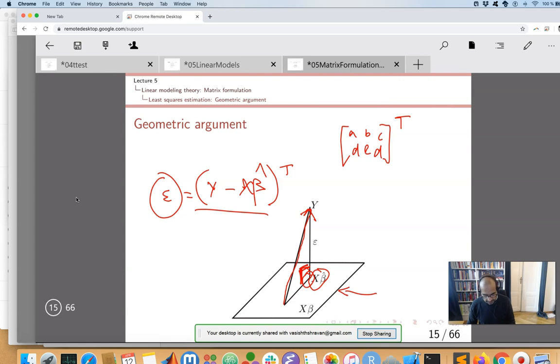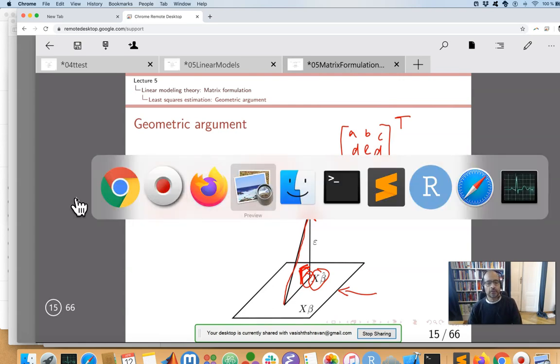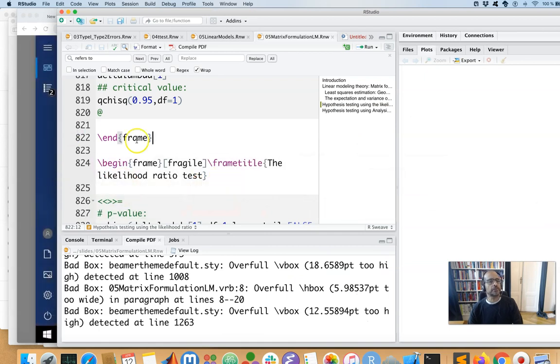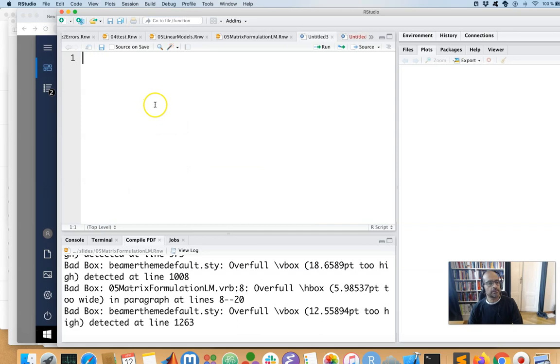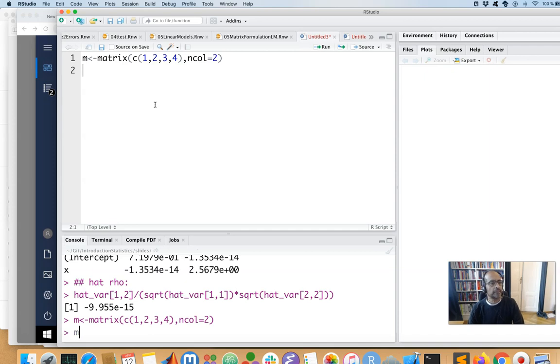Let me just do this in R quickly, so I can show you how you can play with this to get a feeling for what a transpose is. Let me create a matrix M with values 1, 2, 3, 4. That's a nice matrix with 2 columns.